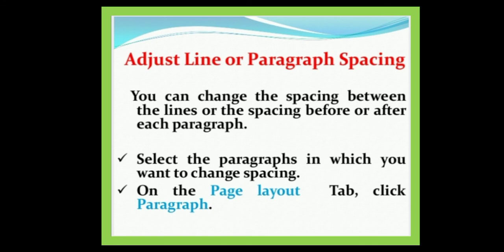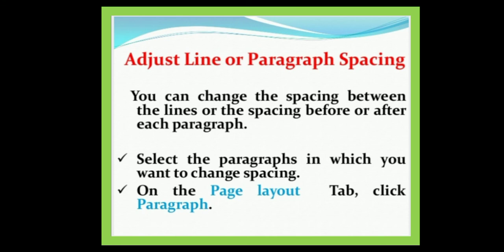Adjust line or paragraph spacing. You can change the spacing between lines or the spacing before or after each paragraph. Means you want to give sufficient space between lines and even between two paragraphs. So you can follow these steps.